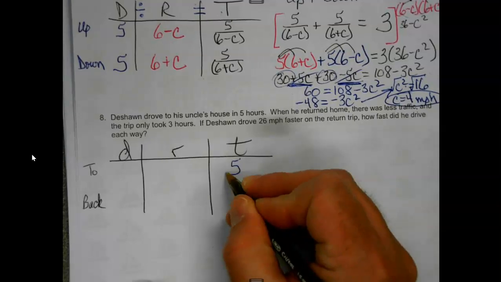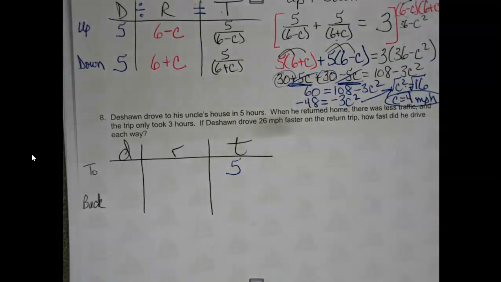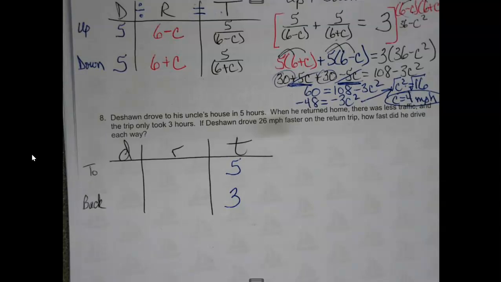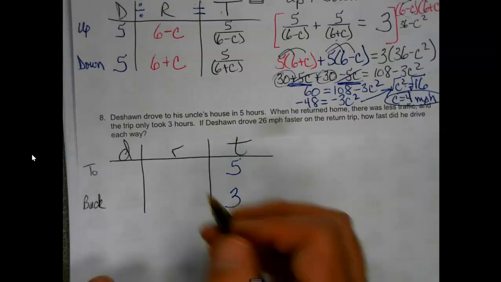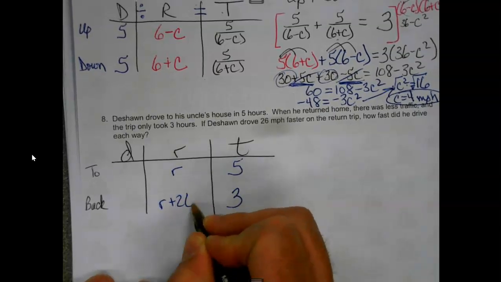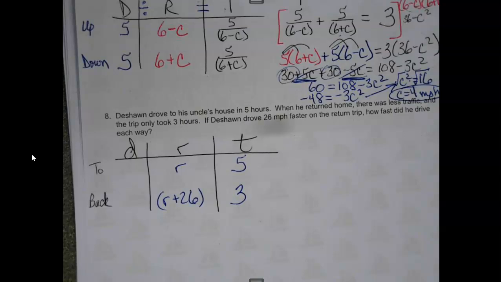So to me, that sounds like time. So 5 hours to get there. When he returned home, there was less traffic. It only took 3. Okay, back home only took 3. If Deshaun drove 26 miles per hour faster on the return trip, he was driving 26 miles per hour faster. How fast did he drive each way?